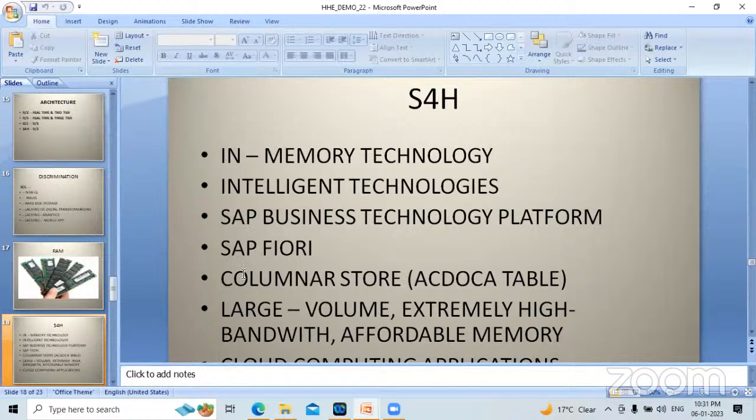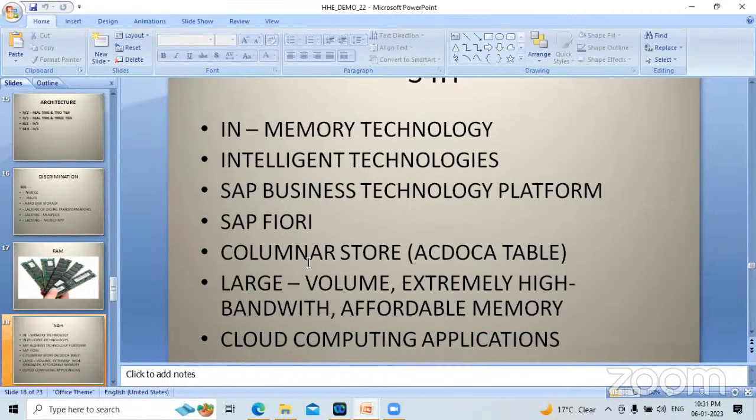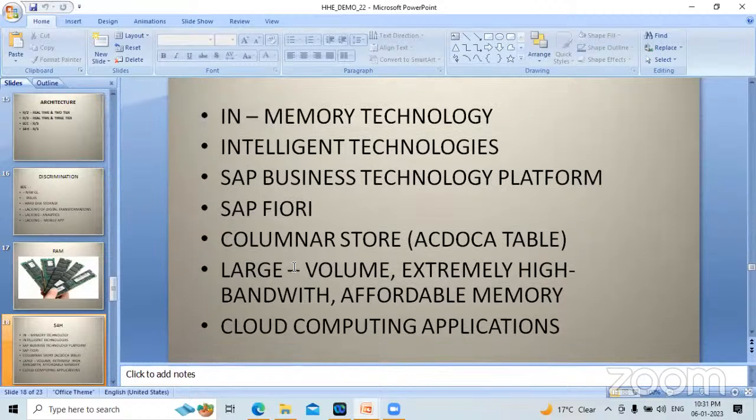Not only this, in the name of SAP Fiori, you are having a complete mobile application within 1 to 2 years. Even though you are working with SAP S4HANA, the Fiori mobile application is powered by S4HANA. So you need to go for the training of the mobile application also. And over here, you are having only one table, the ACDOCA table, where your data are getting saved. Okay, and most important thing, cloud computing applications are nowadays used over here.